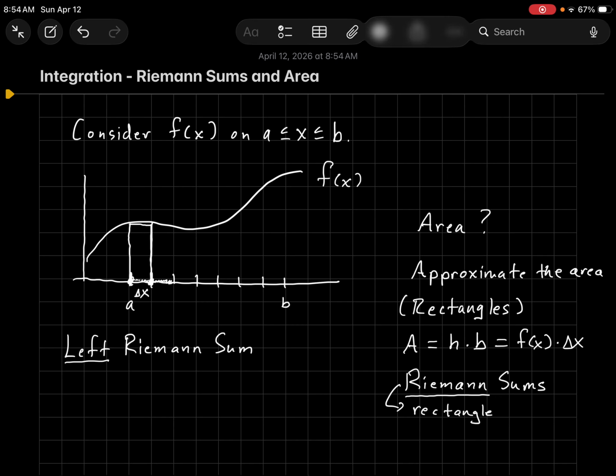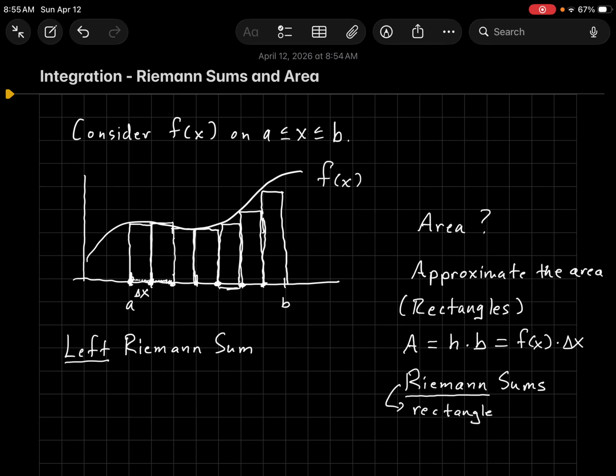That is, I go up to my function, and that becomes the y value for the height. And on each subinterval, I do the same thing. I pick the left side to go up and get the height. My next subinterval, I choose the left side to go up and get the height, etc. One more there. I'll do one more just to finish it off.